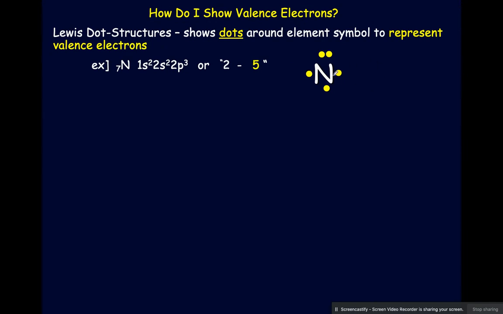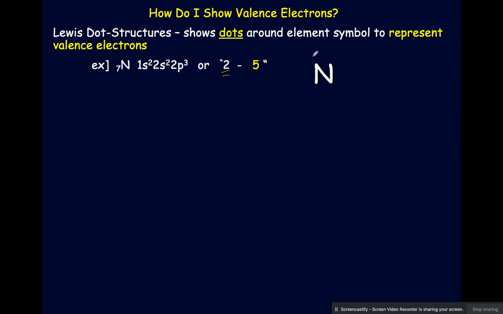So what I'm going to do is draw the symbol for the element first, and the symbol represents the core electrons. Then I'm going to put dots around it to represent the 5 valence electrons. You can start anywhere you want, at the top or on the side.